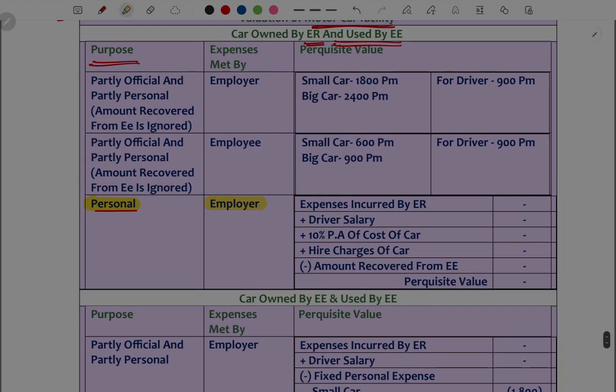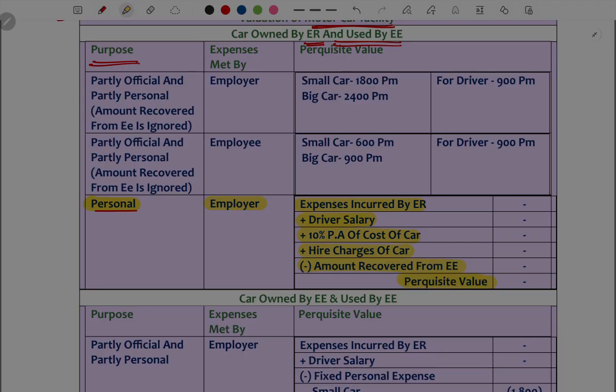Perquisite value would be the expense incurred by the employer, driver salary if it is given, plus 10% per annum of cost of car, plus hire charges of car, minus amount recovered from employee. That will be the perquisite value.